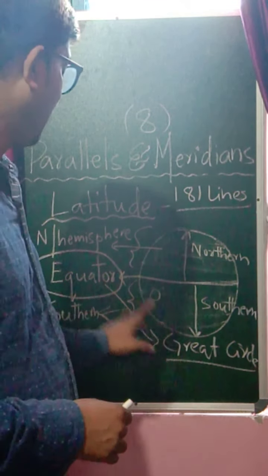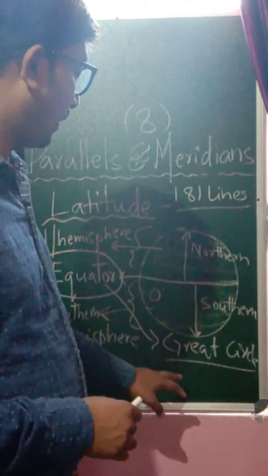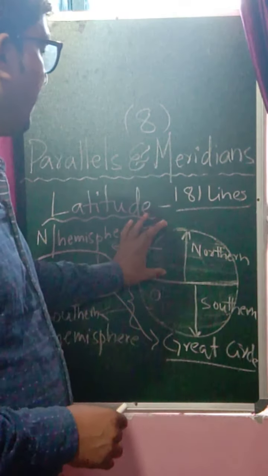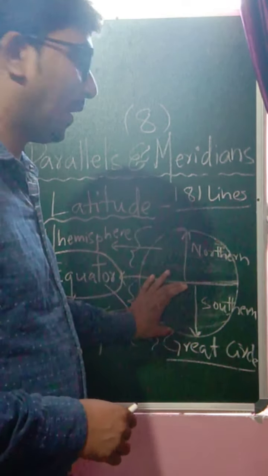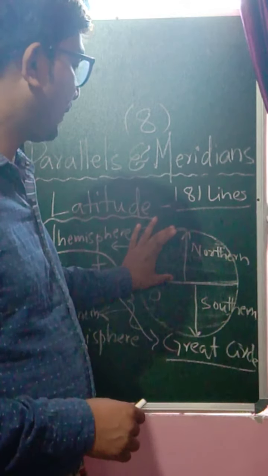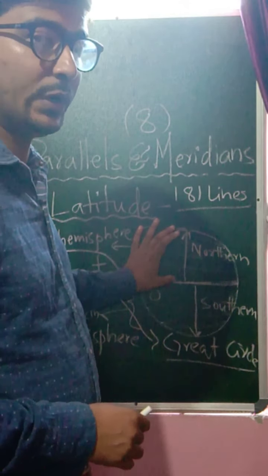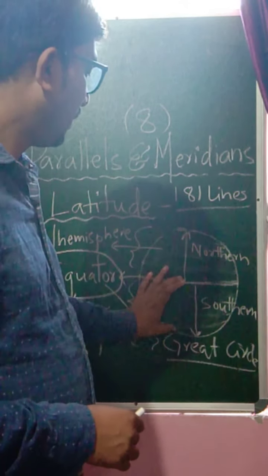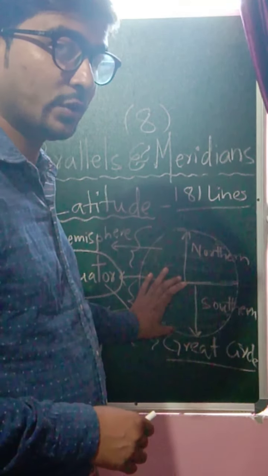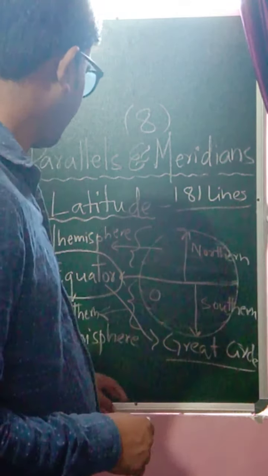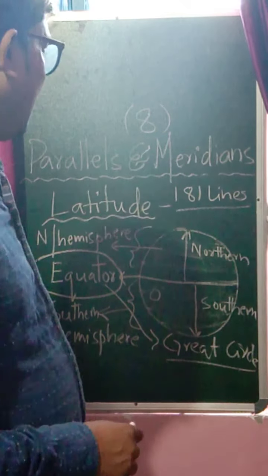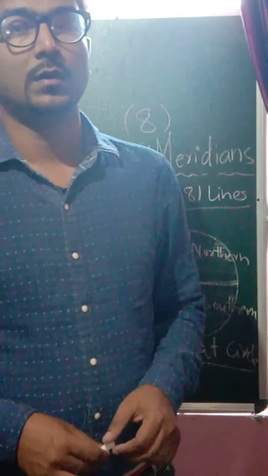These two names are the same. The equator, also known as the great circle, divides the earth into two almost equal halves. The upper part of the equator is known as the northern hemisphere, and the lower part is known as the southern hemisphere. There are about 181 imaginary lines of latitude that exist on the earth.